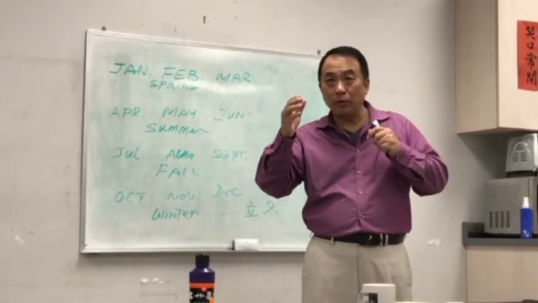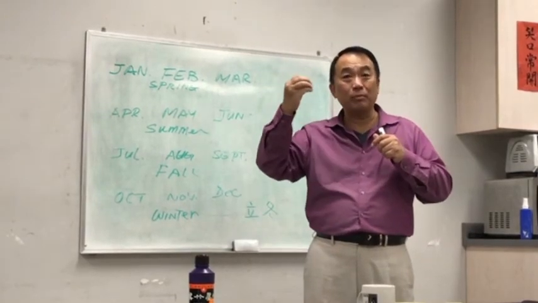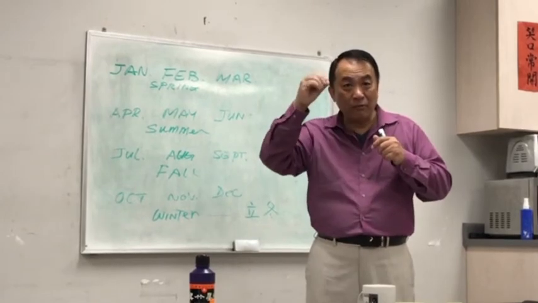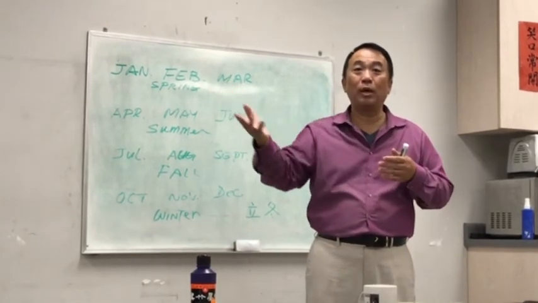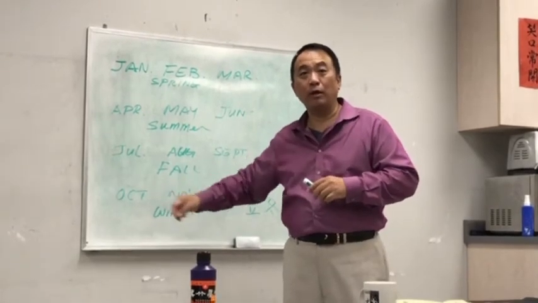In the second, third and fourth week of October, you sometimes already see some frost and flakes. Just like this year, we have snow coming early. That actually matches the Chinese way of talking about the season.